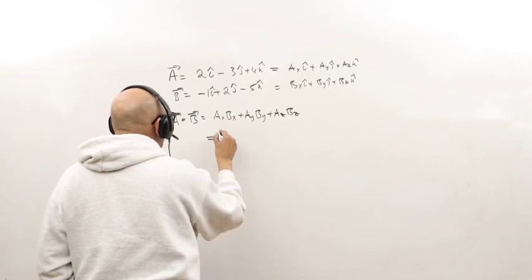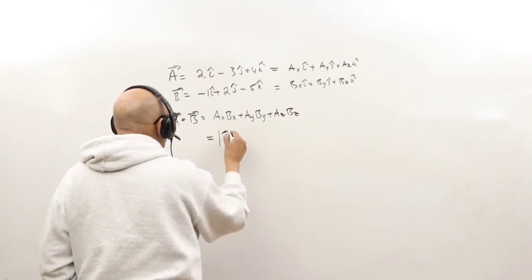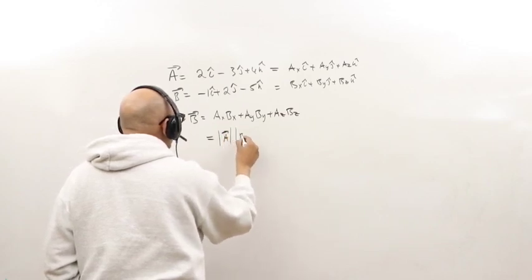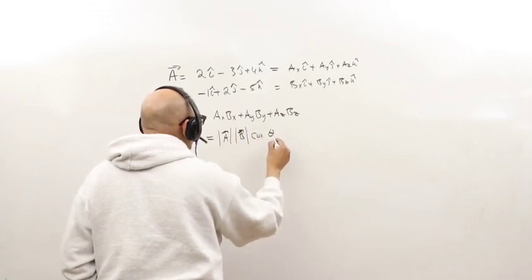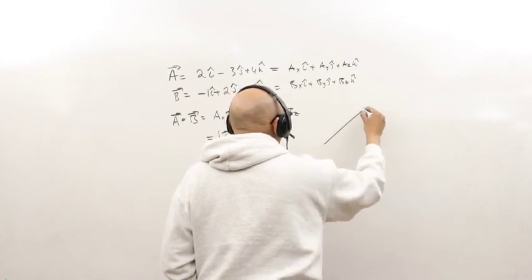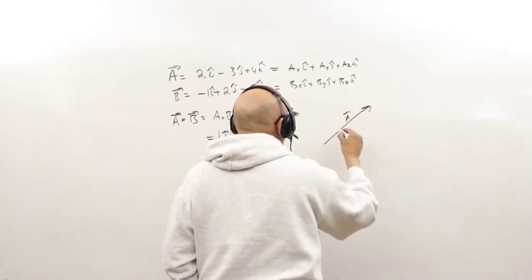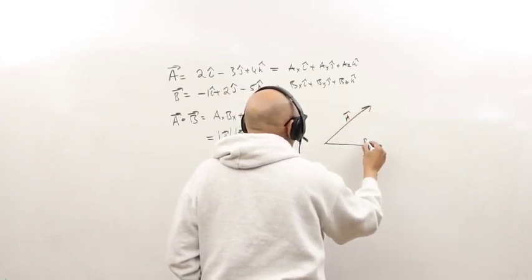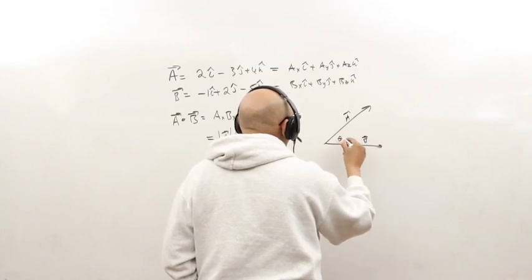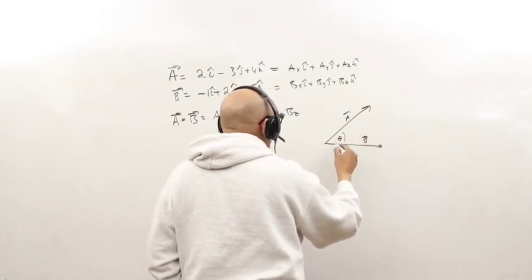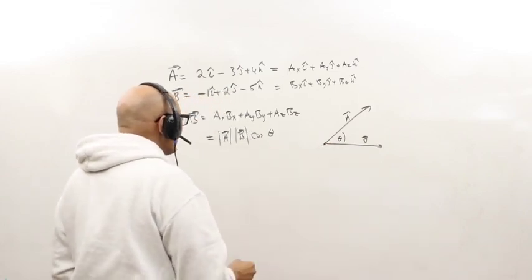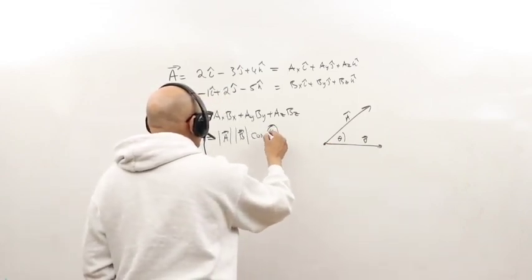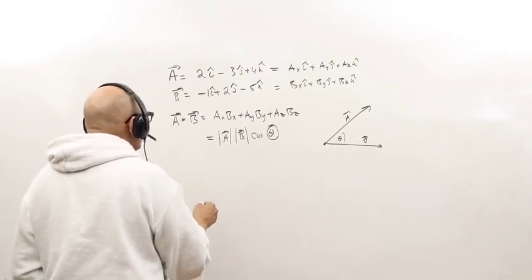It's also given by the magnitude of vector A times the magnitude of vector B times cosine of the angle between them. So if we're given two vectors A and B, there is an angle that subtends these two vectors, and this is the angle that we're trying to find. So we're going to equate these two together.